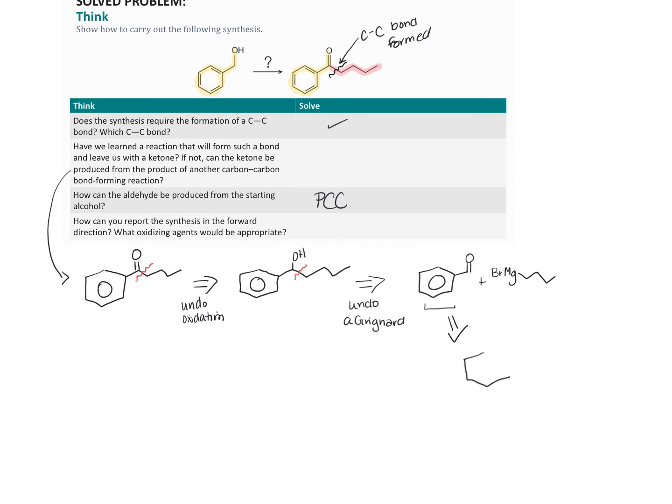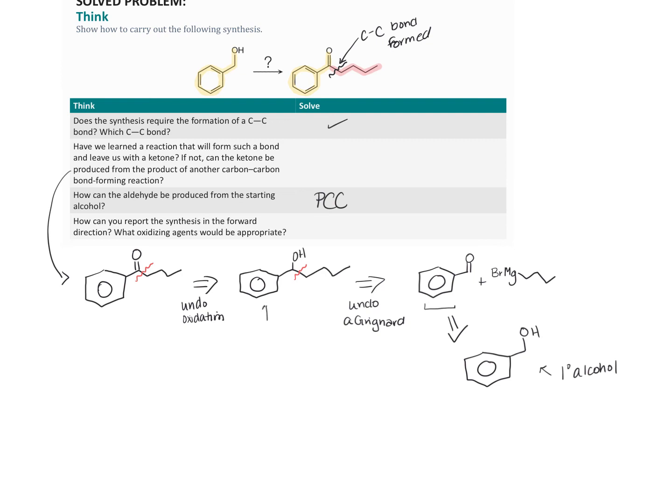This is not the starting material that was given. We need to get it to here. So this guy right here is a primary alcohol. So we're starting with a primary alcohol.